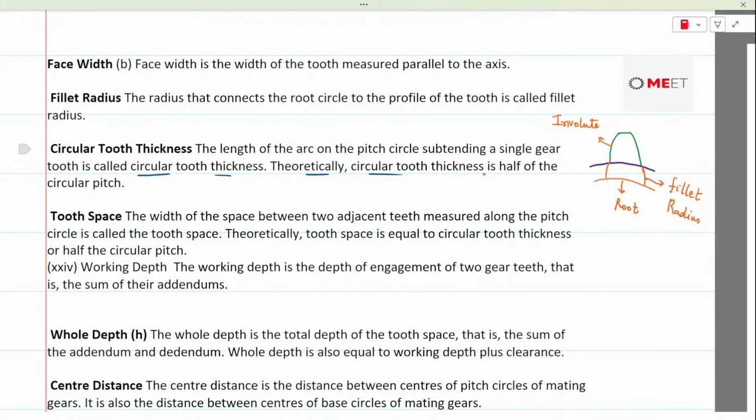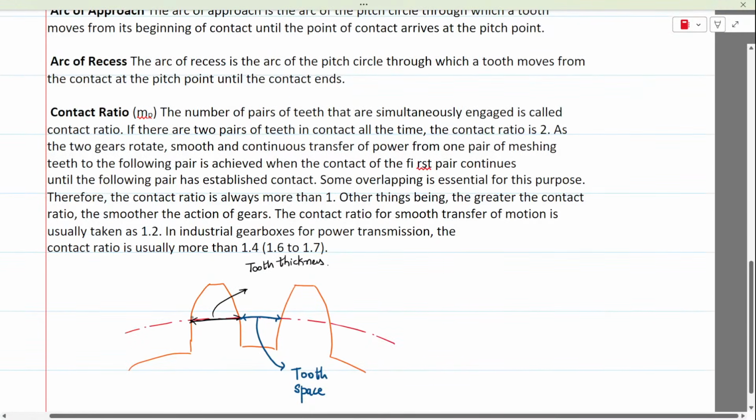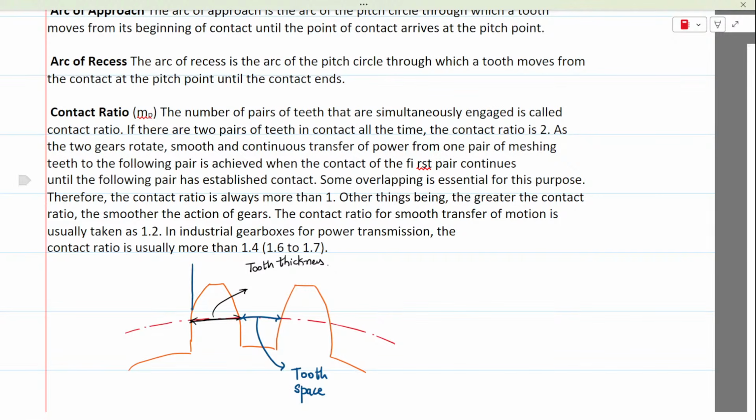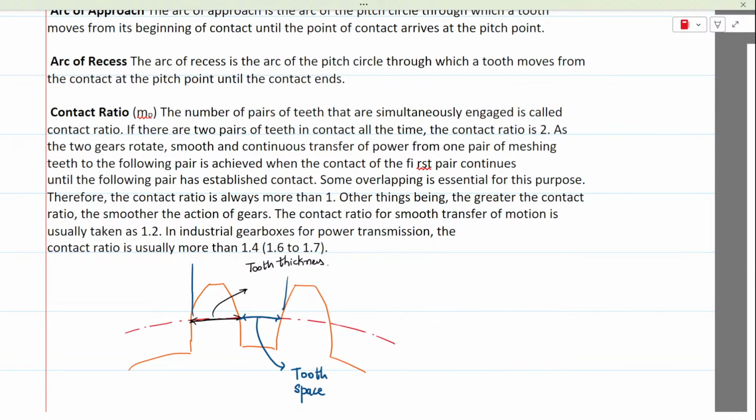Theoretically, circular tooth thickness is half of the circular pitch. Circular pitch is defined as the distance between two teeth at the same point. So this dimension along the pitch circle is called circular pitch.